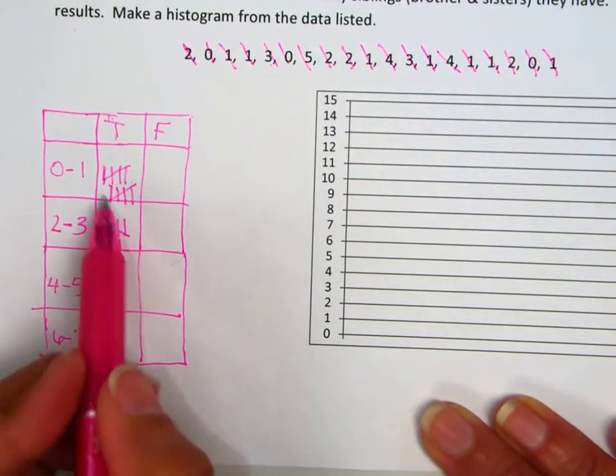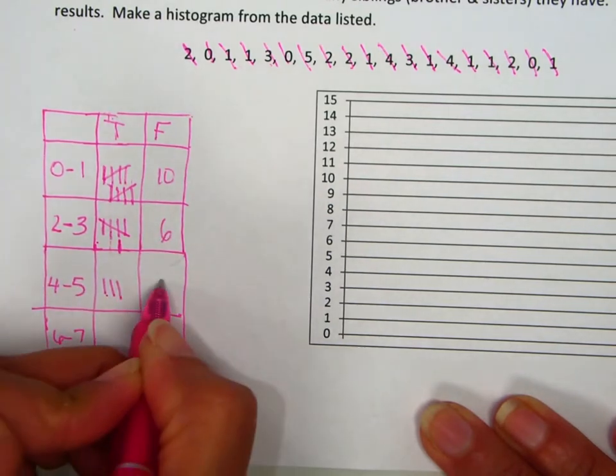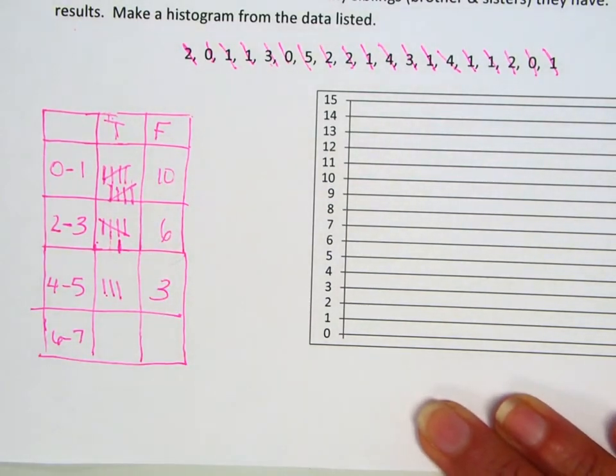All right, and then you just count it up. There's 10 here, there's 6 here, there's 3 here. Great, frequency table is done.